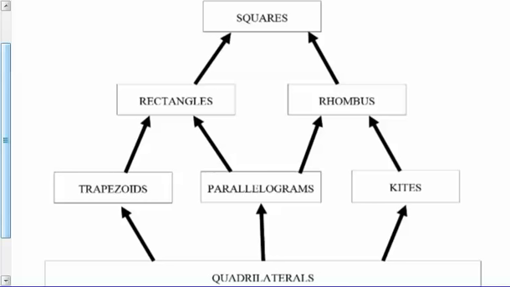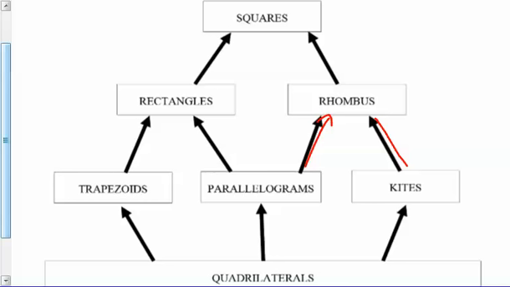All the properties of kites. The diagonals are perpendicular. Consecutive sides are congruent. All of those properties are true for a rhombus. Parallelograms. All the properties of parallelograms are true for a rhombus. So you could kind of say that a rhombus is a combination of a kite and a parallelogram together, all right?